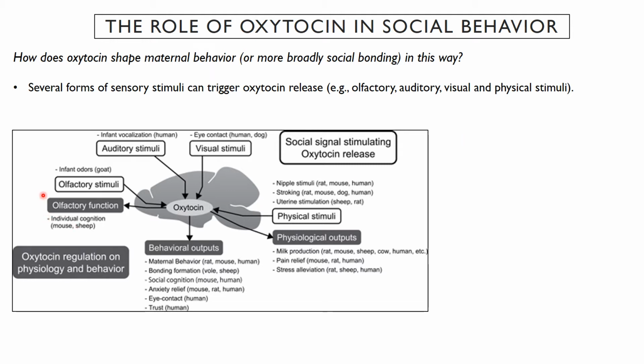For the mother, there are a variety of stimuli. There are physical stimuli, such as nipple sucking, stroking, and uterine stimulation, that will induce this surge in oxytocin release. This leads to certain physiological outputs. We know that oxytocin is very important for milk production, another positive feedback loop.